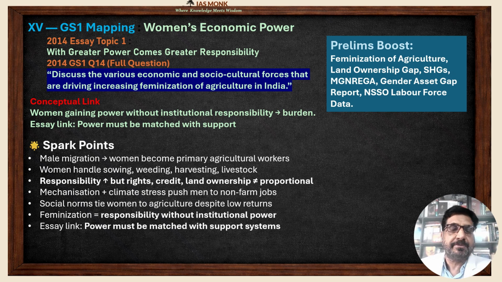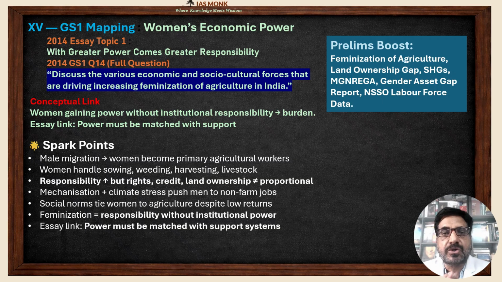accompanied by responsibility. The feminization of agriculture in India is driven by a combination of economic compulsions and socio-cultural shifts. Large-scale male migration to cities and non-farm sectors has left women as the primary cultivators, laborers, and decision makers in rural agriculture.